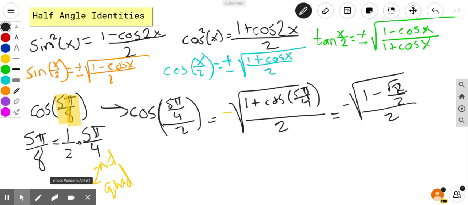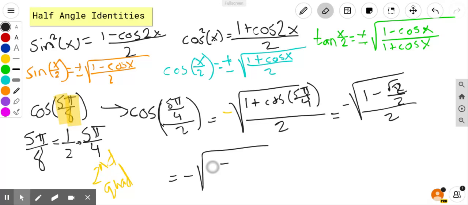Right? And as we are simplifying this, I can say, therefore, that I should still have the negative radical 1 minus. Oh, okay, so I'm going to rewrite it because I just need to work this out. The 1 I'm going to rewrite as 2 over 2. Radical 2 over 2 over 2.